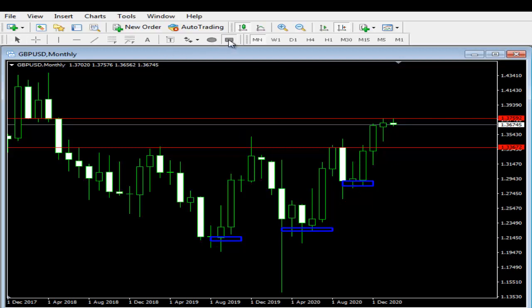We made a high there, on that support level, which was resistance at that time, and then we're looking to make another, new high on that level of resistance.